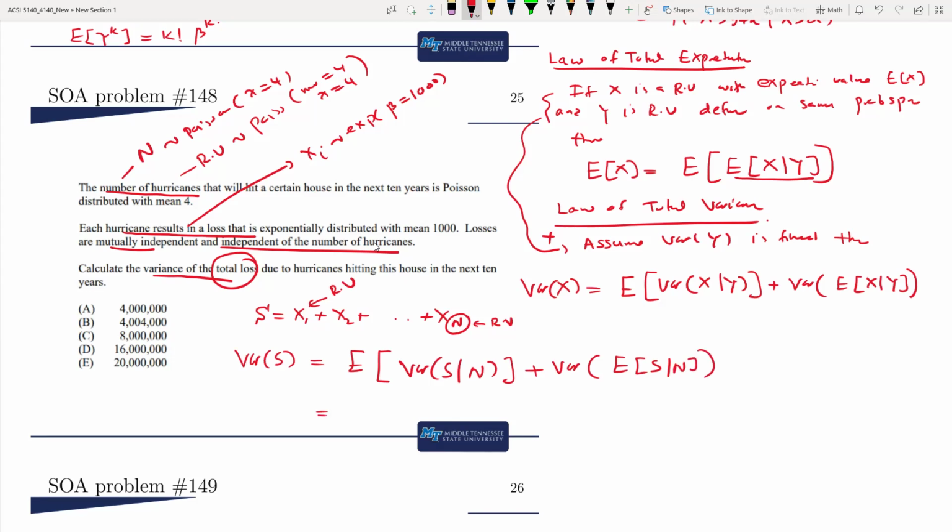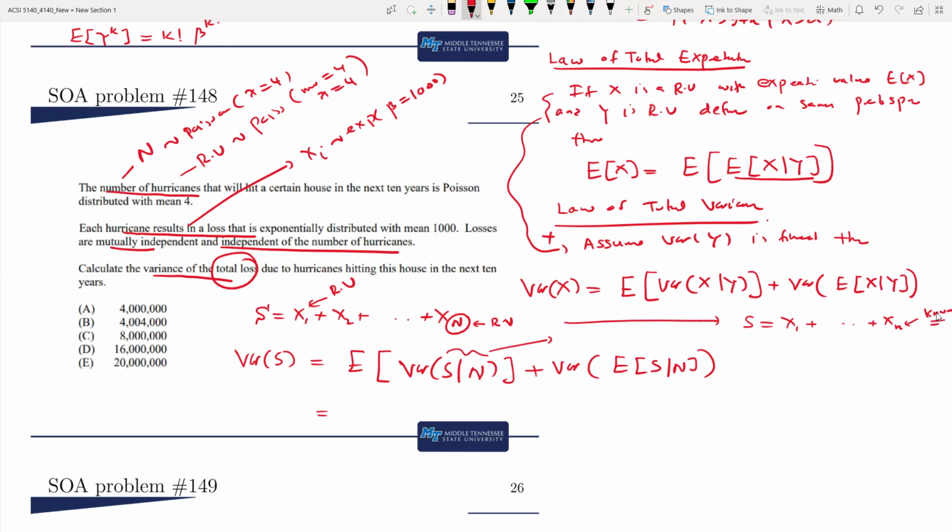Now let's think about this. If n is fixed, that means n is known. So this is more like the variance of S given n equals some number. If n is fixed, then S is x1 plus up to xn, and this n is known because n is fixed now.